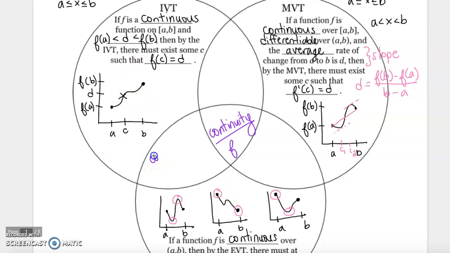They could use only your original function. Whereas MVT, the thing that makes it unique is that you're not going to use the mean value theorem unless there is a derivative involved. So that's something that differentiates it.